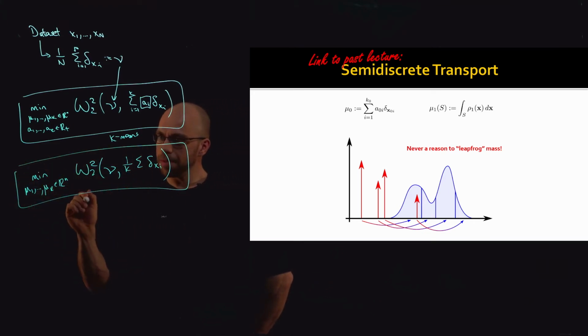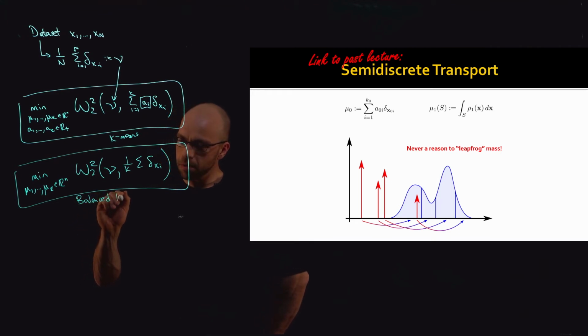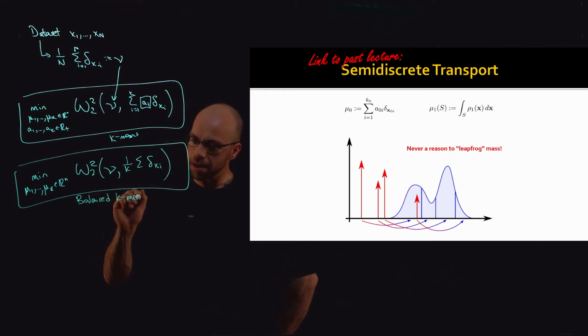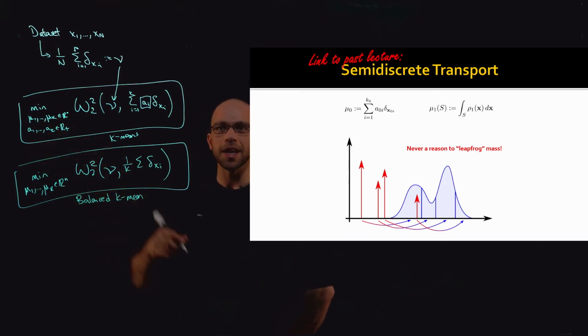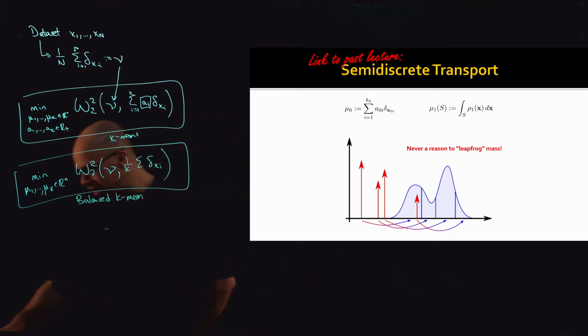And this problem is balanced k-means. Because what I can't do in balanced k-means that I can do in this problem with these additional A variables is assign more points to one of the x's than to another. Now every single x has to receive the same amount of mass.